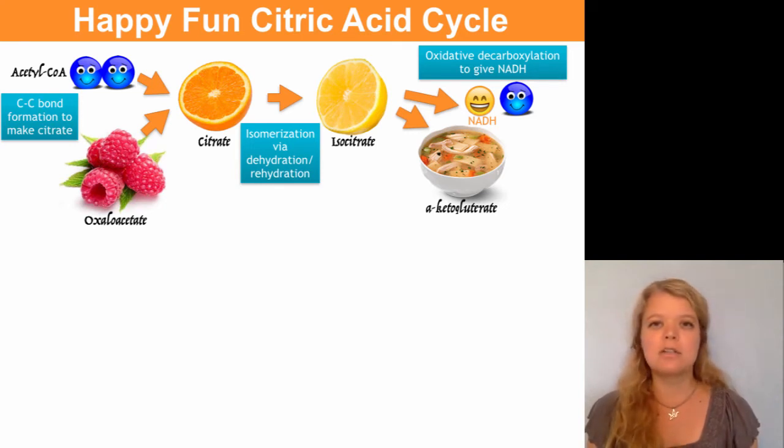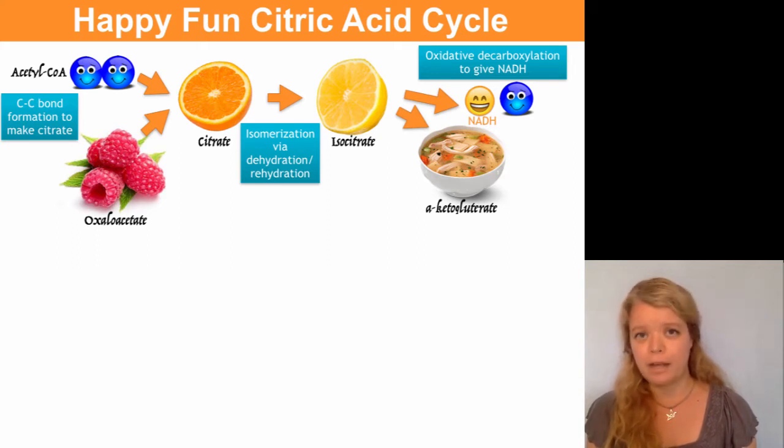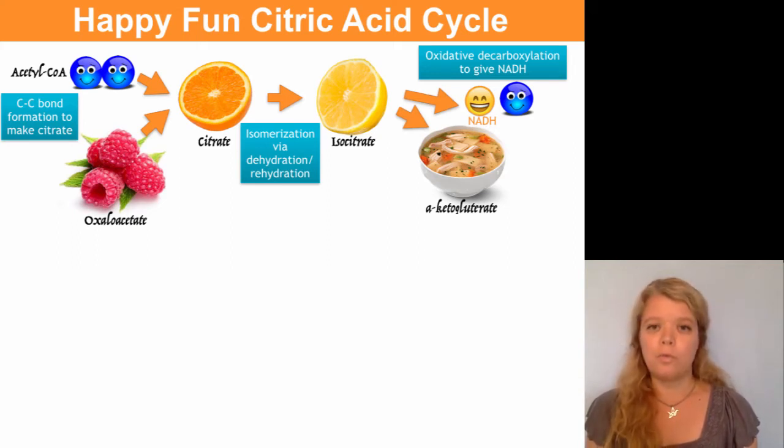Now, that sounds like an extremely convoluted name, but what it is is glutarate, which is glutaric acid, with a keto group in the alpha position. Hopefully for everybody who took organic chemistry, which should be all of you, it becomes a little bit easier to decipher why this compound is called alpha-ketoglutarate.